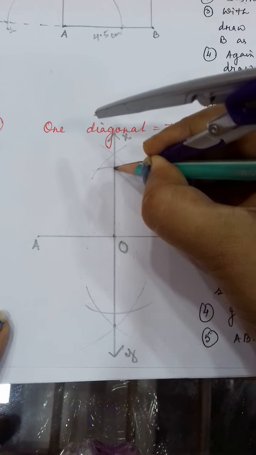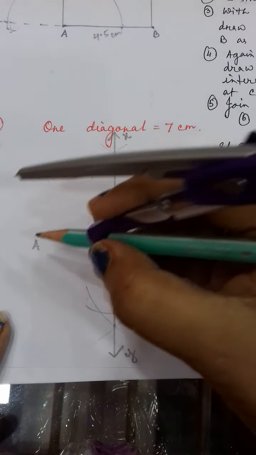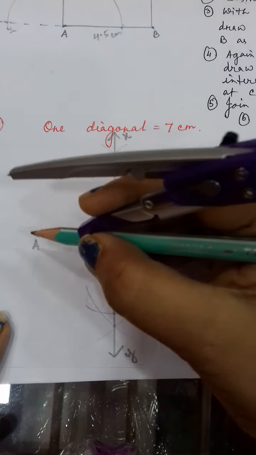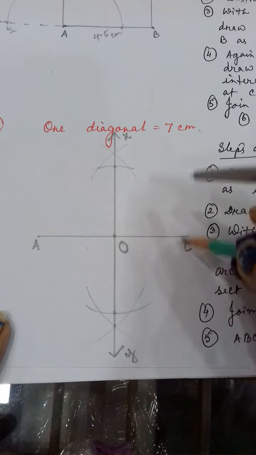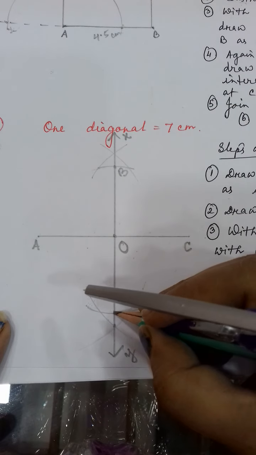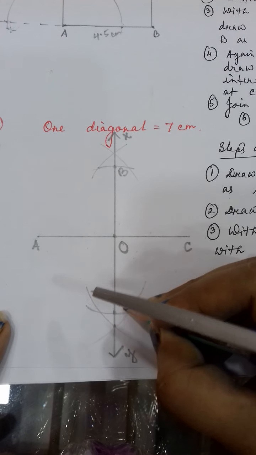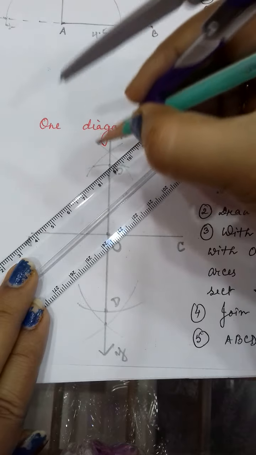Yes or no? This is one point and this is another point. So it is AC, that means ABCD, whatever you give. So this is the B point and this point is D point. Clear? After writing these points, now you join the points.